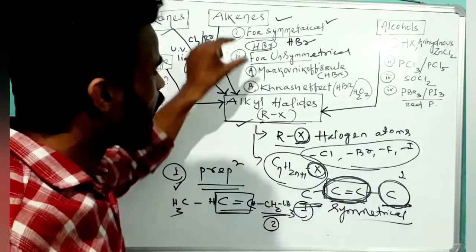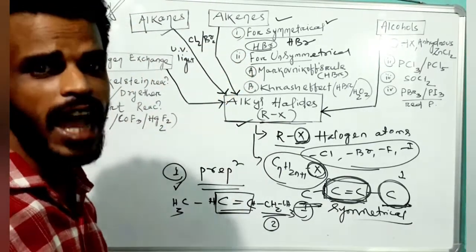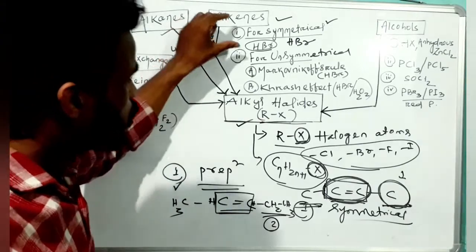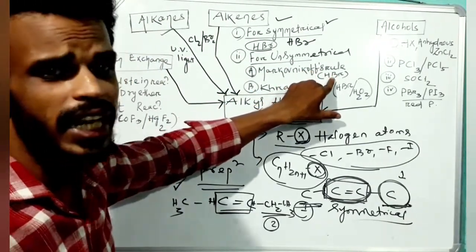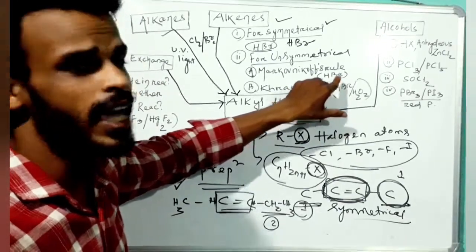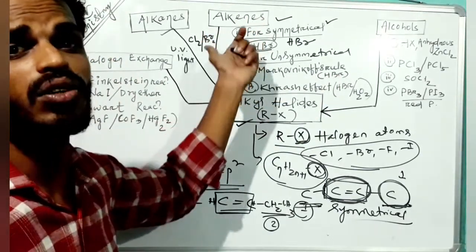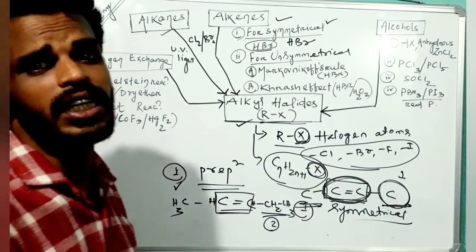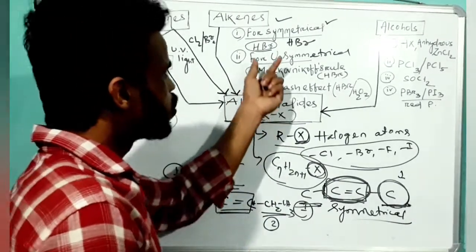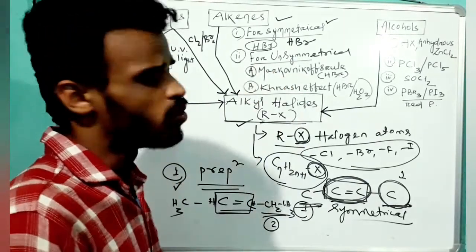Markovnikov's rule tells that the halogen atom of the halogen acid, meaning hydrogen bromide, attacks the carbon atom containing the lesser number of hydrogen atoms. This is the statement of Markovnikov's rule.